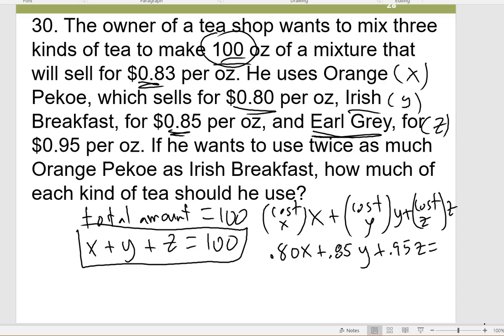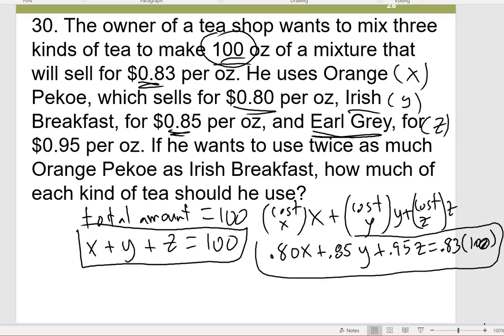So the mixture has a value of 83 cents times 100. It's still the cost times the amount. We're making 100 ounces in the mixture. So we're basically taking everything from the previous equation and multiplying the amount of X times its cost, the amount of Y times its cost, the amount of Z times its cost, and the total times its cost. Okay?